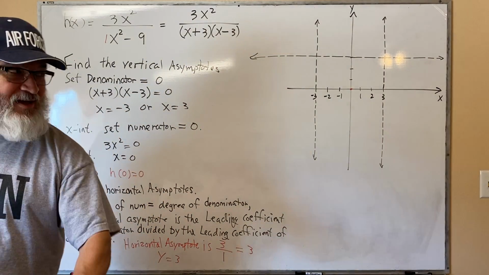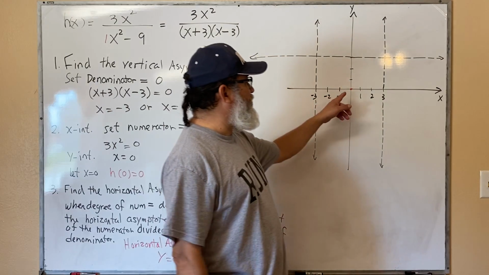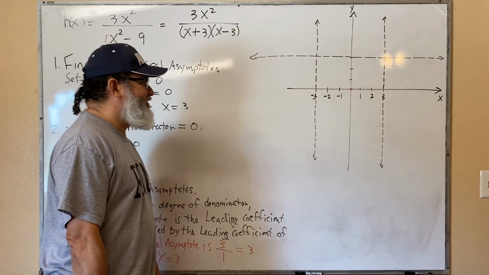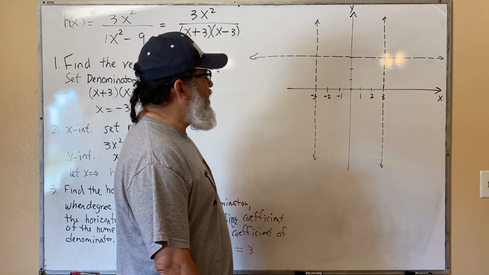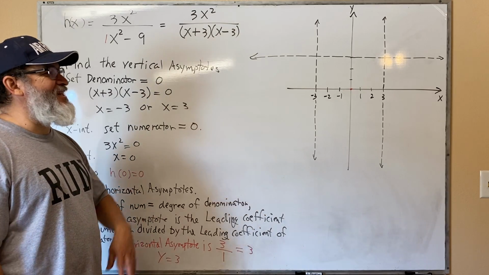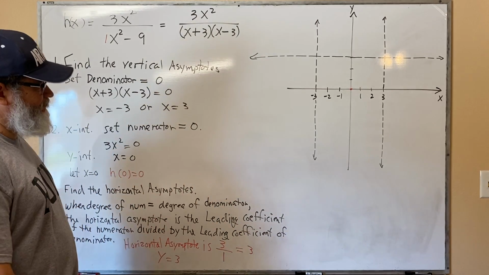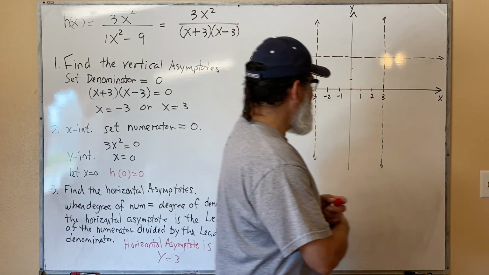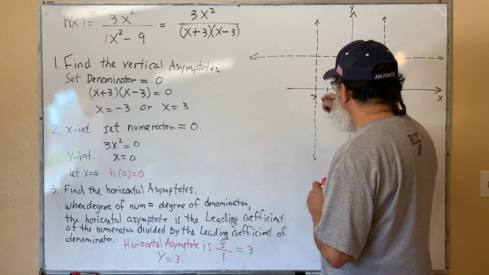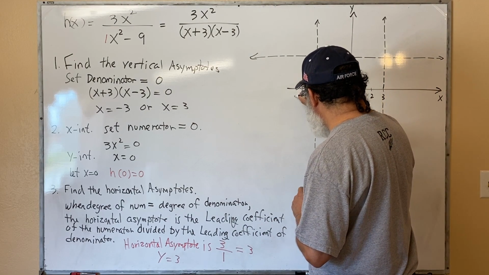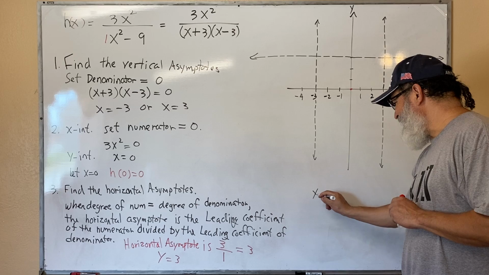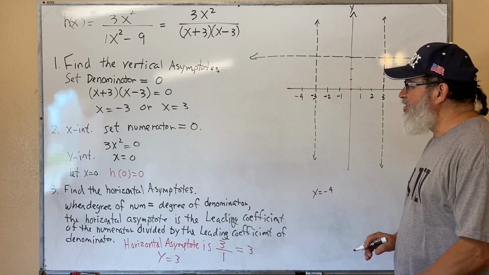So we know this graph crosses the x-axis at x equals 0 and the y-axis at y equals 0. We can plug in points in the neighborhood of the asymptotes. What is the neighborhood of x equals -3? You can plug in -4 and -2. Let's try -4. X equals -4. Plug it in.